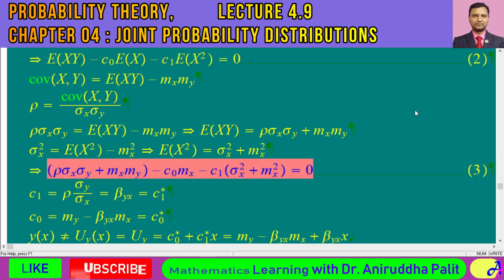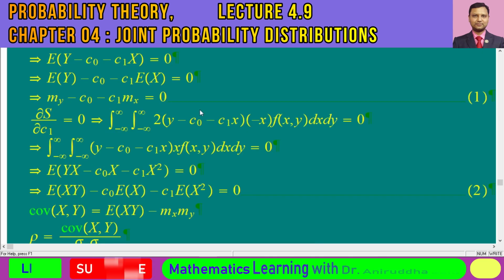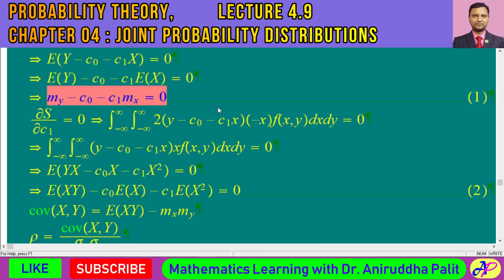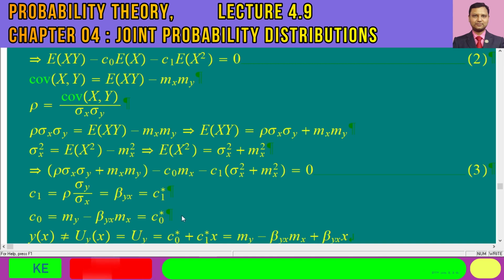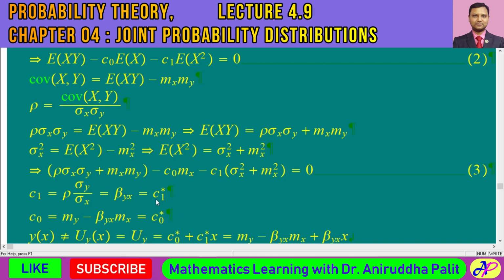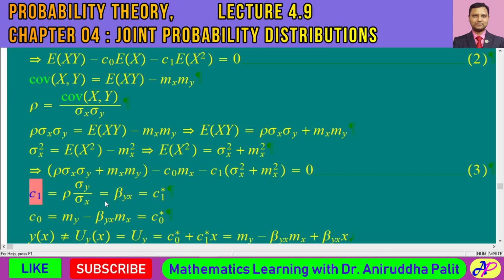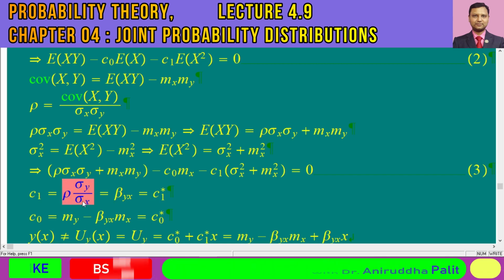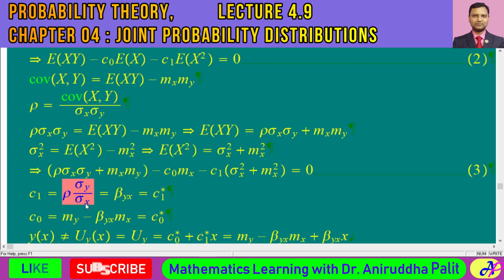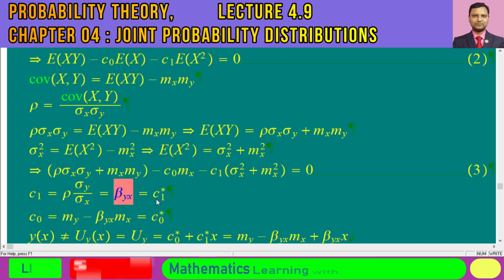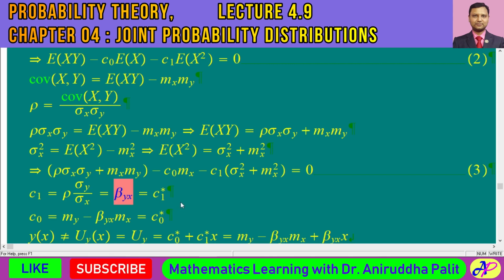And now we can solve this equation number 3 and this equation number 1. And after solving these equations, we get the values of C0 and C1. Let us designate this expression, rho multiplied by sigma y divided by sigma x, by beta y x, and this is called the regression coefficient of y on x.